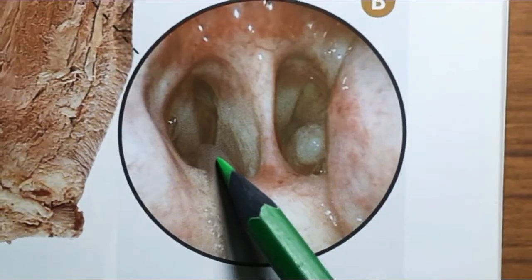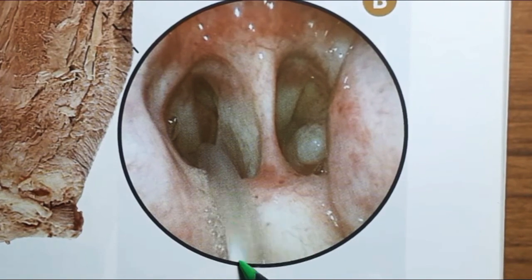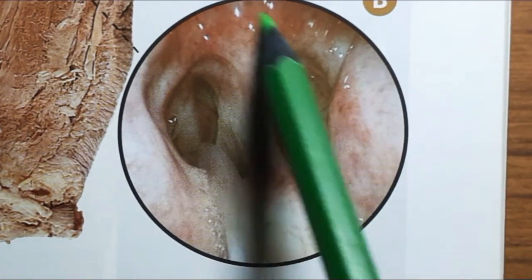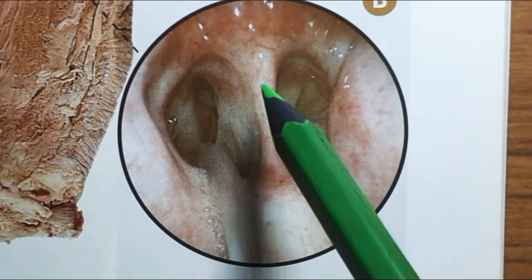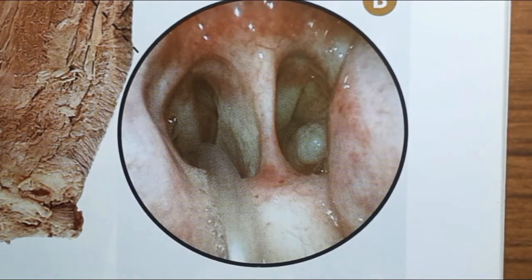This tube-like structure is the nasogastric tube. The choana is made up of four bones: the posterior free margin of the vomer, which is over here, the medial pterygoid plate, the body of the sphenoid, and the posterior margin of the hard palate.